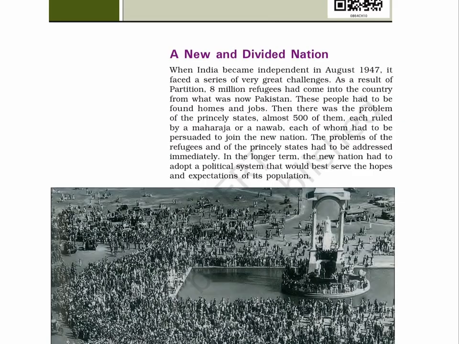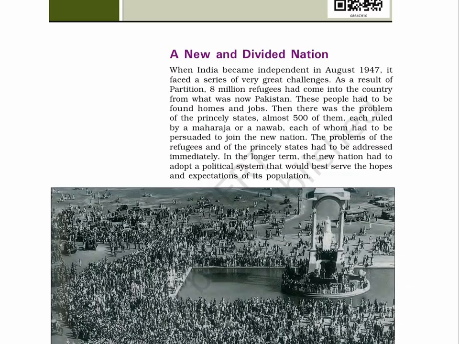These people had to be found homes and jobs. Then there was the problem of the princely states, almost 500 of them, each ruled by a Maharaja or a Nawab, each of whom had to be persuaded to join the new nation. The problems of the refugees and of the princely states had to be addressed immediately.